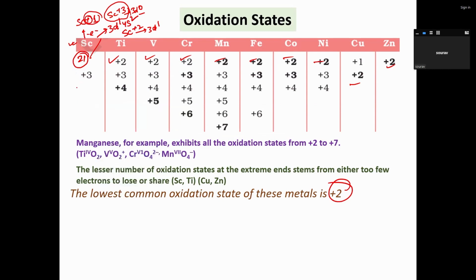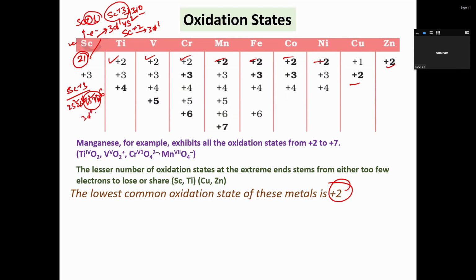So for that scandium case, when it is scandium plus 3, the valence electronic configuration will be 2s2 2p6, 3s2 3p6.